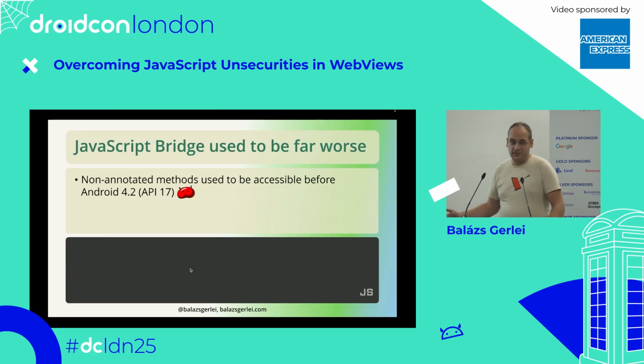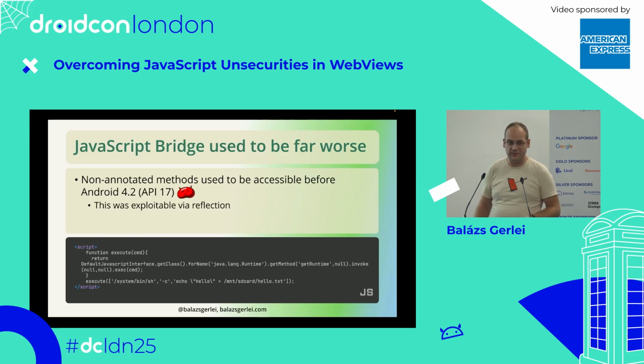But the JavaScript interface, which used to be the JavaScript bridge, used to be way worse. So before Android 4.2, you don't even need the addJavascriptInterface annotation. Any kind of method was accessible, and even reflection could have been used to call basically any kind of methods. I brought a little example which used the Java lang Runtime to call native code, or in this example, a shell script run on the other side, remote code execution basically.